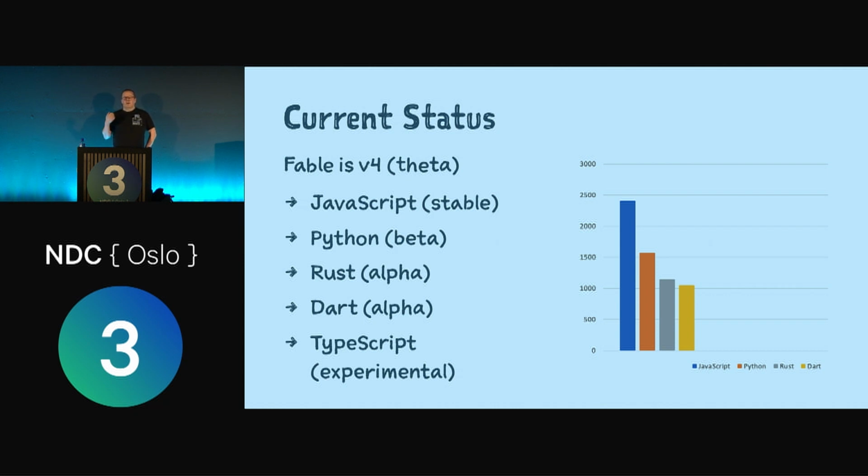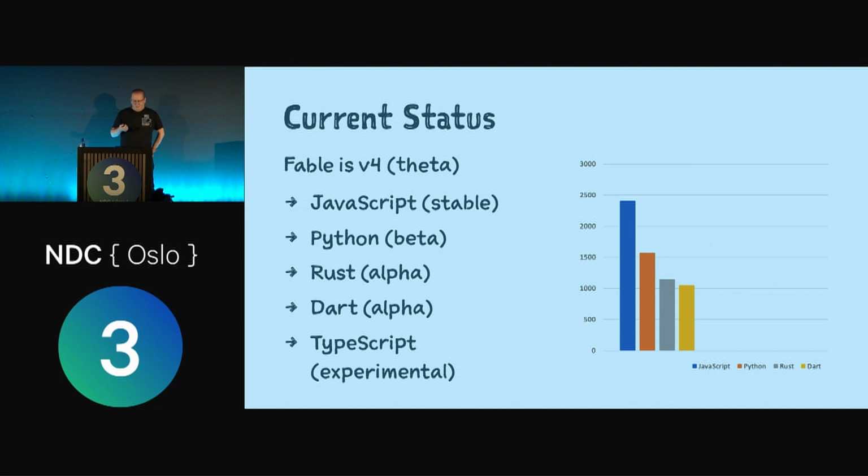And then JavaScript will be the stable component in Fable 4. Python will be in beta status, which means that we think it solves most problems. There will still be some, we don't have as much of the BCL, as much of .NET, as JavaScript has, but we have enough. And we will add more as we go along.